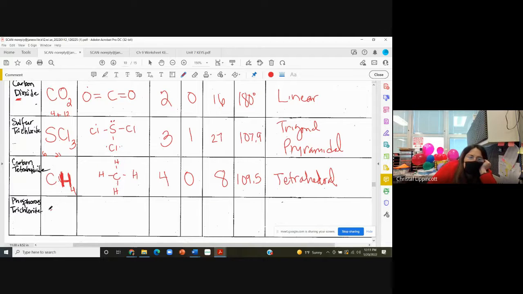And then the last one is phosphorus tetrachloride. I've got my phosphorus and my chlorines going around it. And I have a lone pair of electrons here.